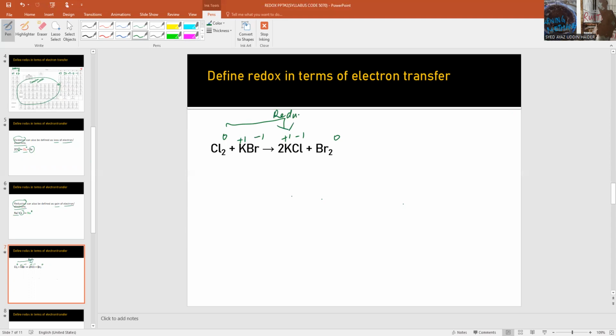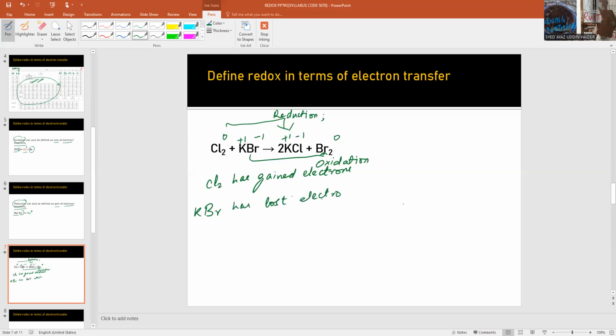Reduction: Cl2 has gained electrons. This is oxidation: KBr has lost electron, or we can write Br- has lost an electron to give Br2.